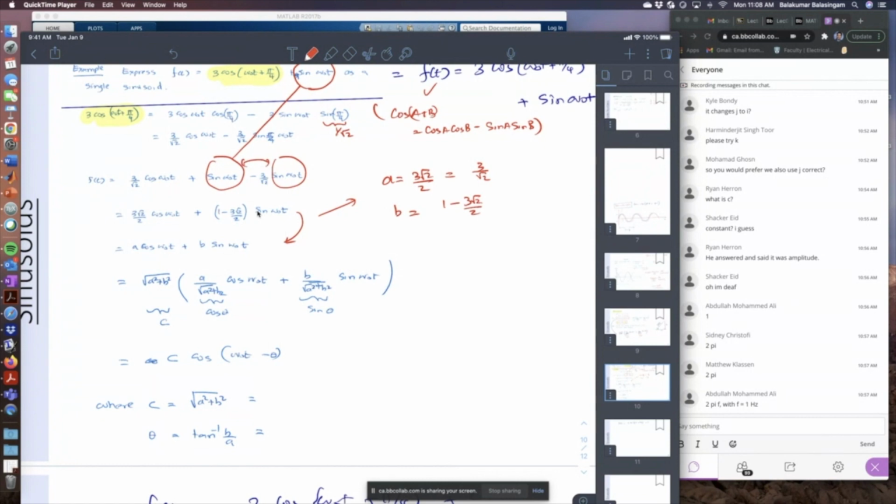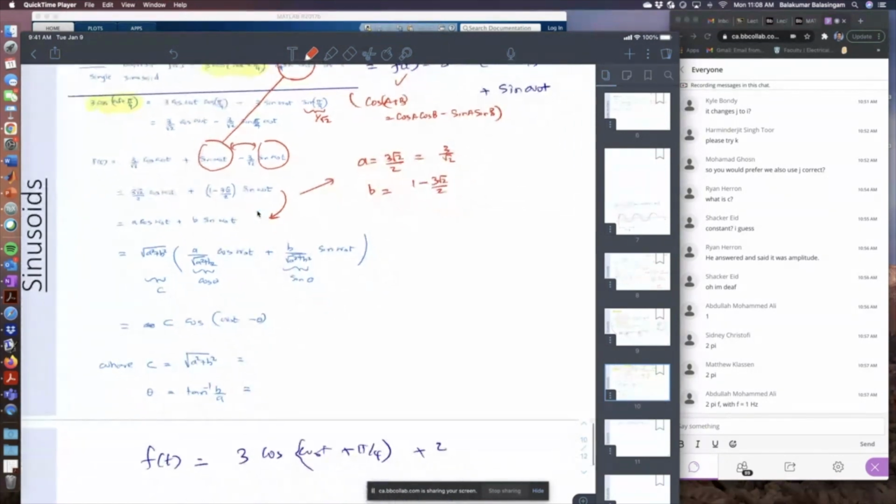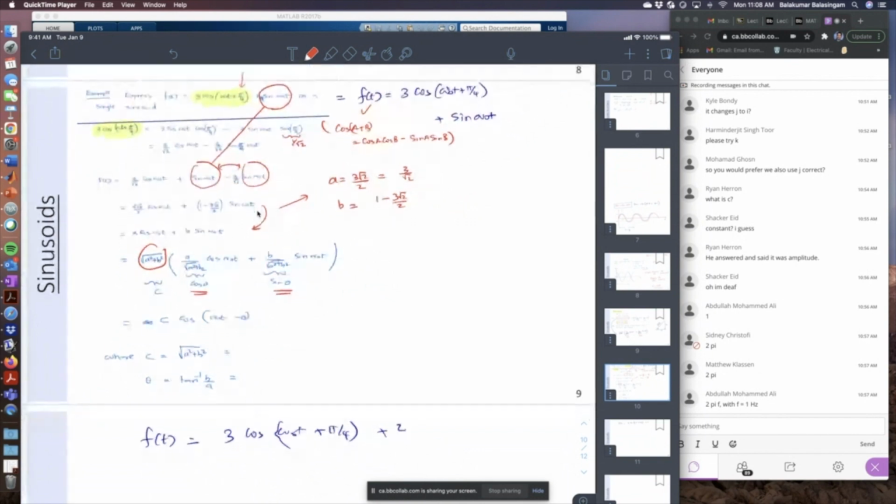So now we have A and B. Now we have to go back and write it as the square root of A squared plus B squared, take it outside, A over that and B over that, and then you will designate these as cos θ and sine θ, and you will find those. So I leave that for exercise.